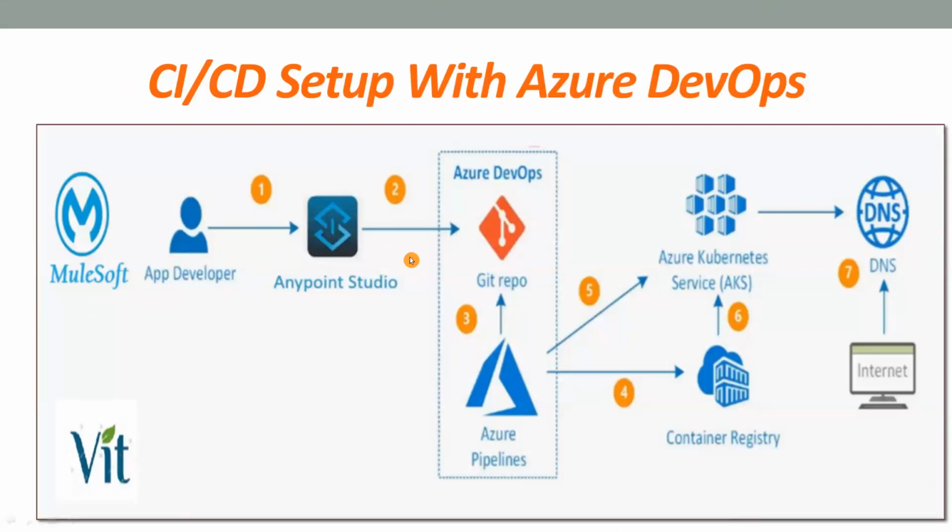If you observe this diagram, as a developer I'm going to develop an application and deploy it into CloudHub. But here, I'm going to push my code into Azure DevOps. That's it. Once it is done, Azure Pipelines is going to take care of the deployment process.